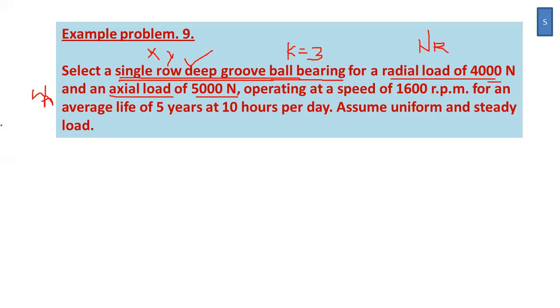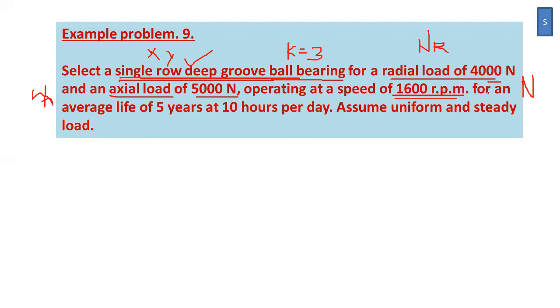Here the value of axial load is more than the radial load, so thrust loads are very high. The operating speed is given, that is capital N, the speed of the shaft, N equals 1600 revolutions per minute. RPM means revolutions per minute.